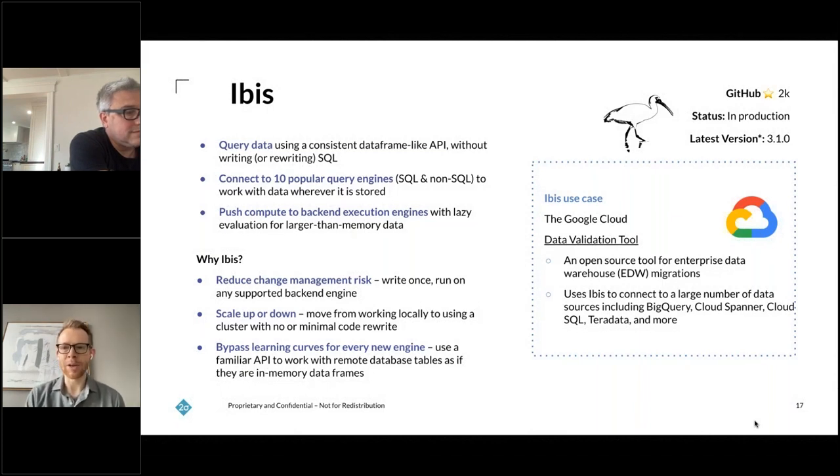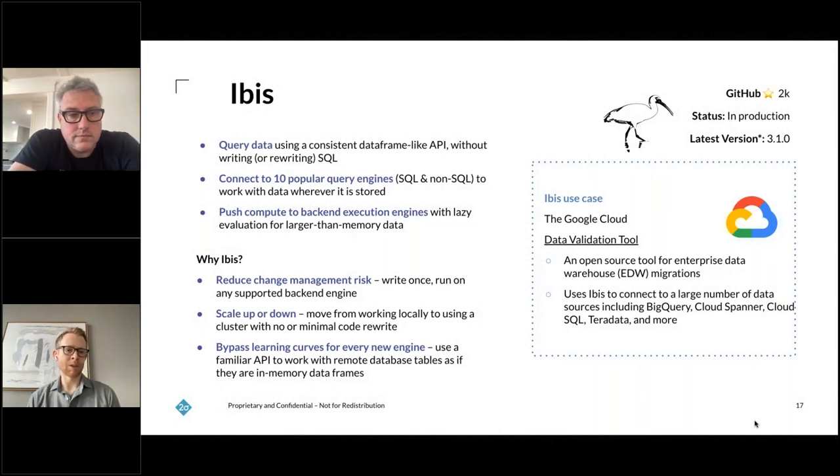Around the time that Ibis started, there wasn't really a robust solution for expressing complex analytical data frame operations at the complexity of what you can do with pandas, but where you can create a query expression that can be rewritten or transpiled into SQL so that you can more portably use other execution engines.